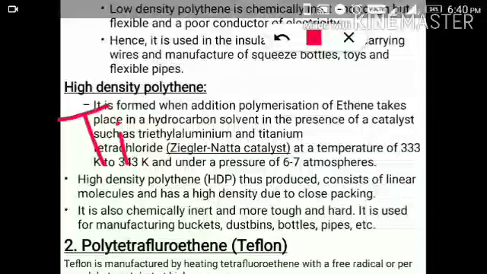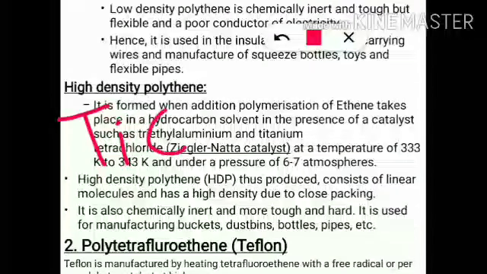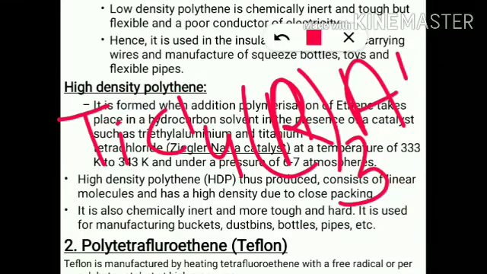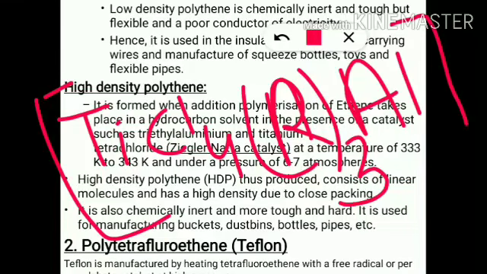Titanium tetrachloride and trialkyl aluminum. Listen again, titanium tetrachloride and trialkyl aluminum is called the Ziegler-Natta catalyst.